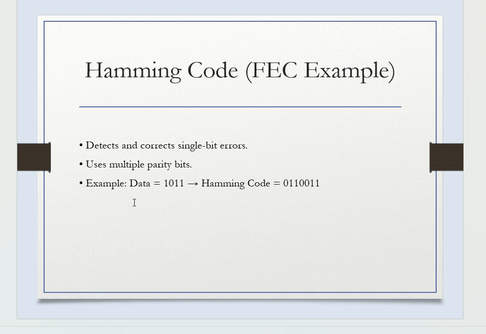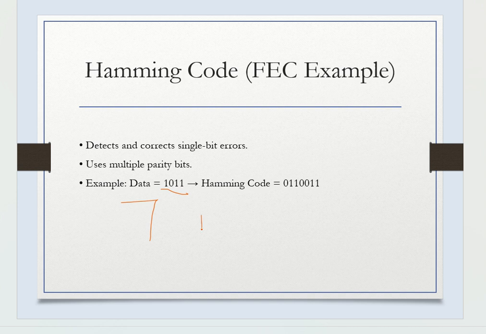For example, the data is 1011. The total number of bits is 7, and 4 is the data bits, plus the 3 parity bit positions.